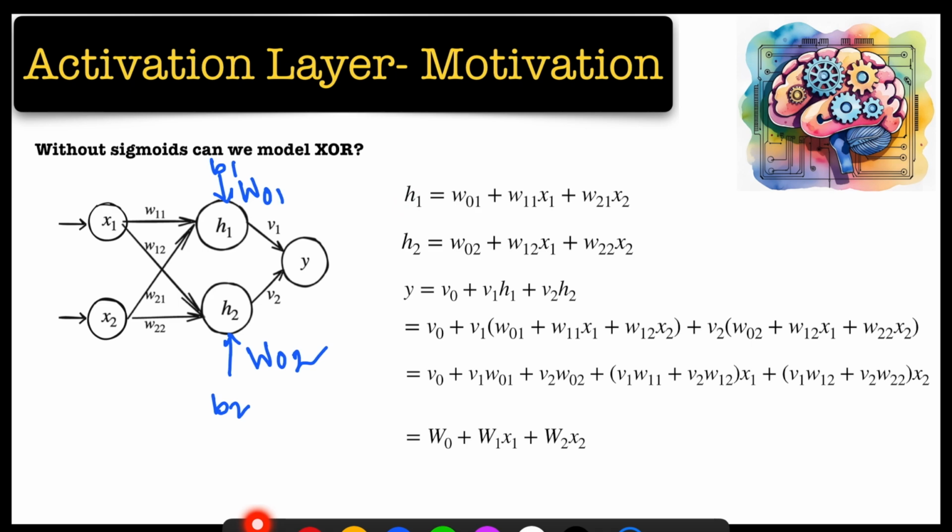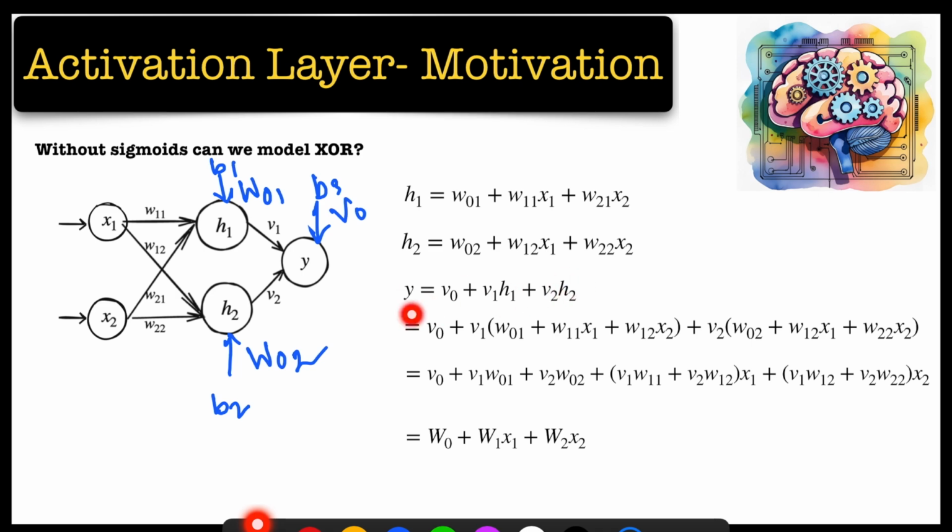So H1 can be represented as W01 plus W11x1 plus W21x2. H2 can be represented as W02 plus W12x1 plus W22x2. And for Y, let's say we have one bias here as well with weight V0. So Y is V0 plus V1H1 plus V2H2.